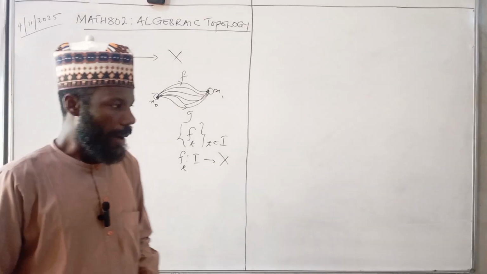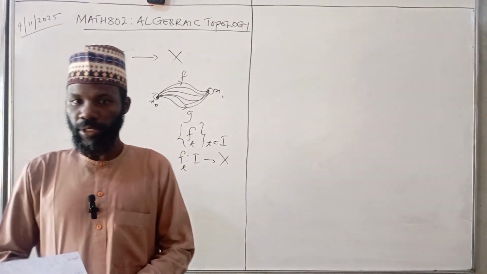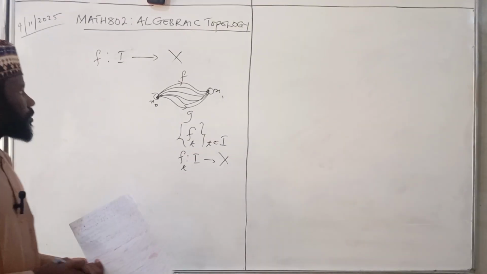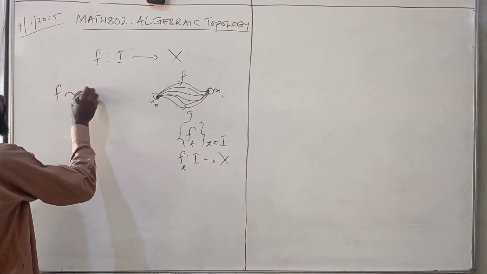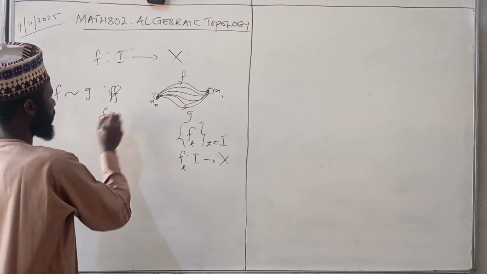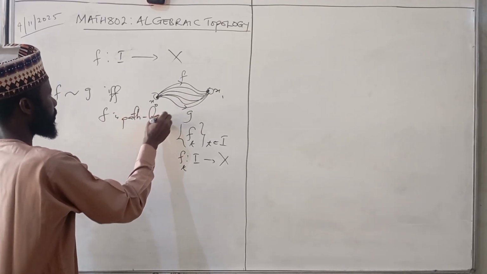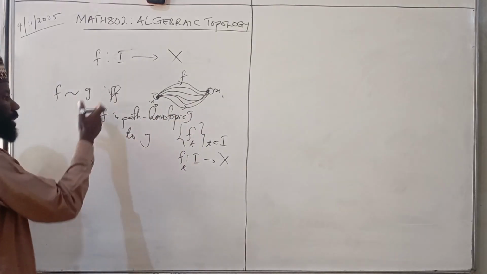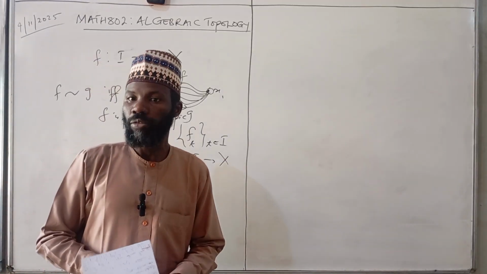So we say the relation of path homotopy. I think that is the last thing we looked at in the class: we say F is related to G if and only if F is path homotopic to G, which means there is a homotopy from F to G. This relation of path homotopy is an equivalence relation.